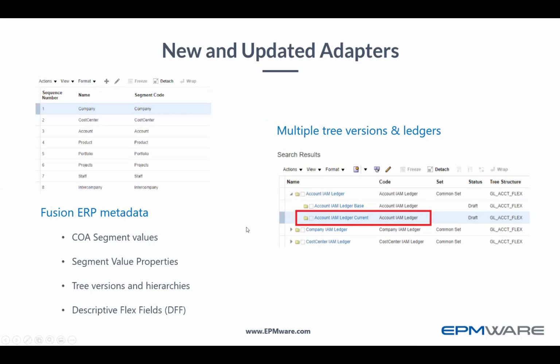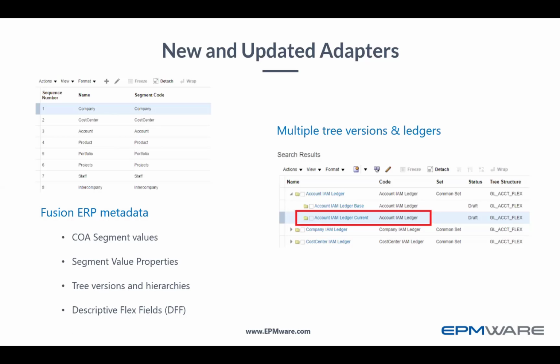So here on the left, we've got a few screenshots of segment codes as they exist in Fusion ERP, and some of the values. So chart of account segment values, segment value properties, and DFFs that are maintained, and also, of course, the multiple tree versions and the ledgers, as you can see here. So the current process to manage this in Fusion is to go through this very cumbersome click-through process where you'll click through actions and view to be able to add your metadata update.